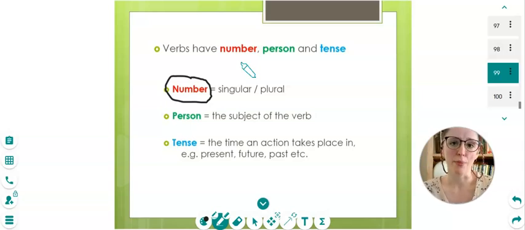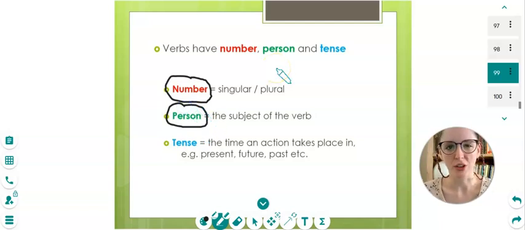If we wanted to make that verb plural, all we do in English is we change that pronoun. We might say we run, you all run, or they run. So that's the difference between a singular and a plural verb in English. Quite nice and easy.